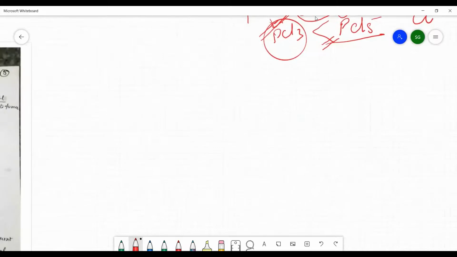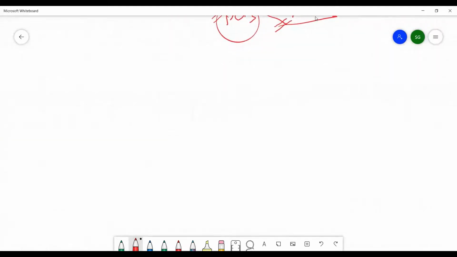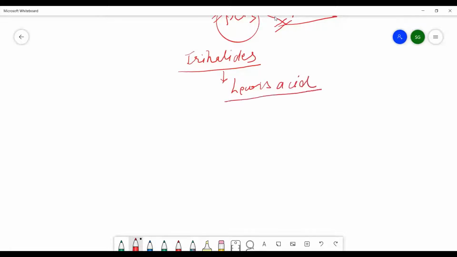Now we will concentrate on the trihalides and pentahalides. First of all, we will see the trihalides. Most of the trihalides are Lewis acids. Lewis acids, you know well, have a tendency to accept a pair of electrons and to react with bases.